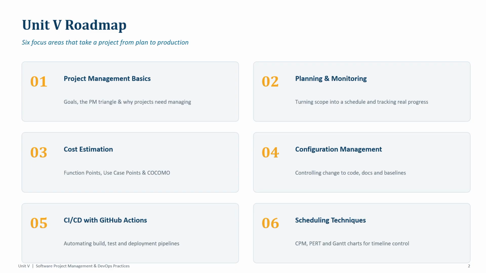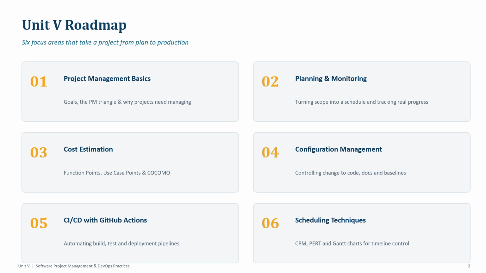Our roadmap will be: project management basics. In this, we are going to learn goals, the PM triangle, and why projects need managing. Second one is planning and monitoring. In this, we are going to learn turning scope into a schedule and tracking real progress. In the third one, we are going to learn cost estimation.